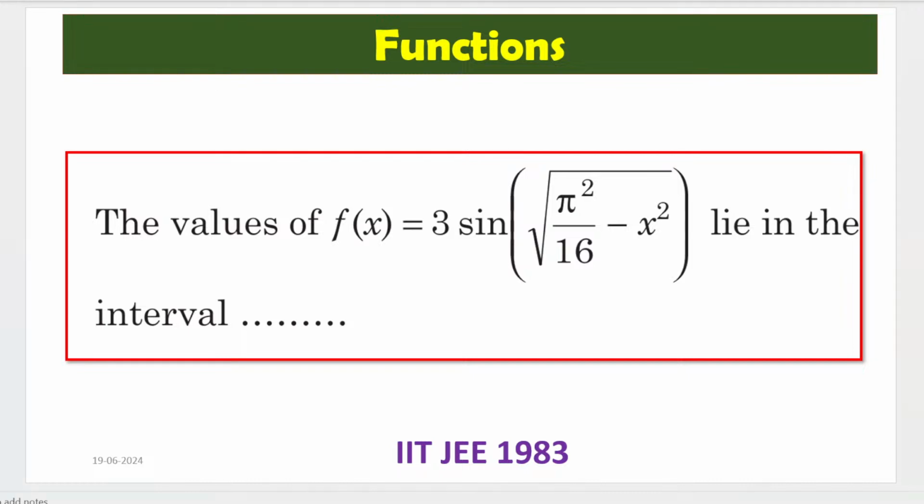Okay, okay. So x square can always be lesser than pi square by 16, no? Otherwise this becomes negative, right?